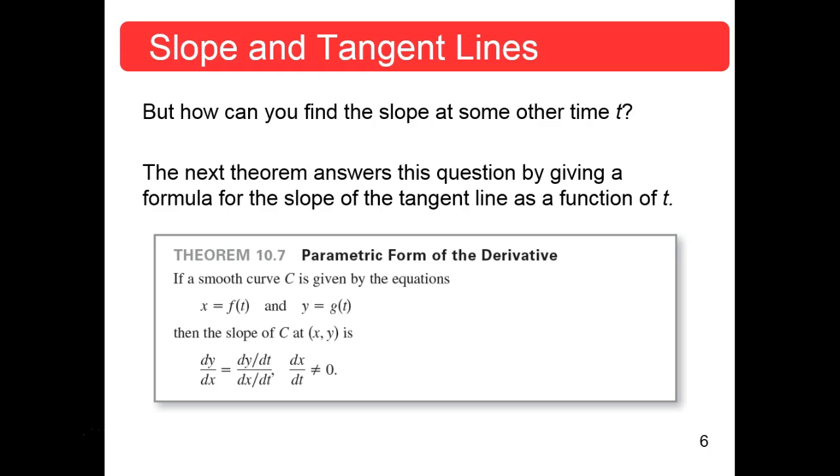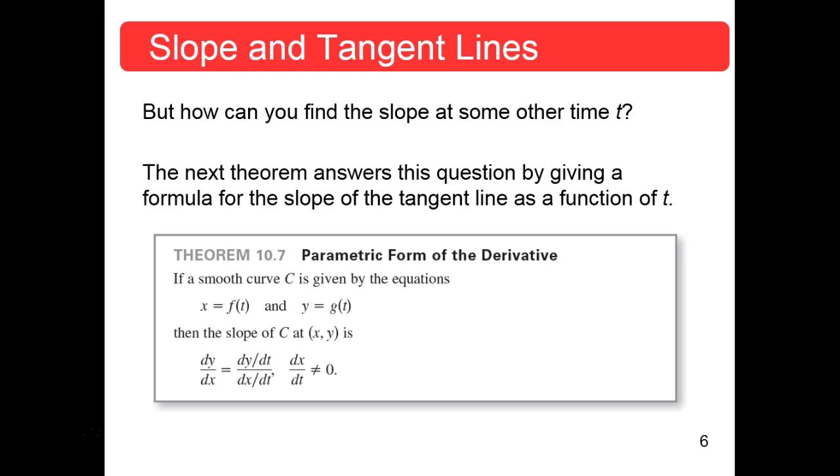Here's how you calculate the slope. I was thinking we did this before, but I couldn't remember for sure. I've taught the course many times. dy/dx could be written as dy/dt, in other words, g prime of t, divided by dx/dt, which was f prime of t.